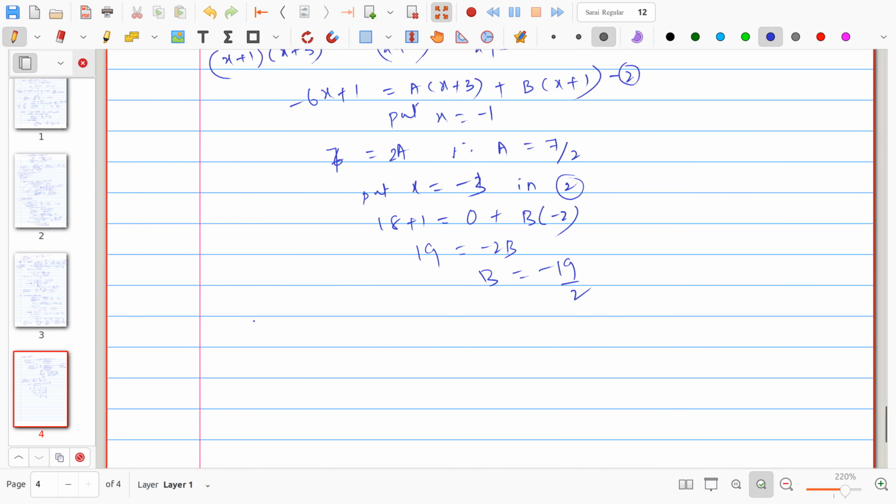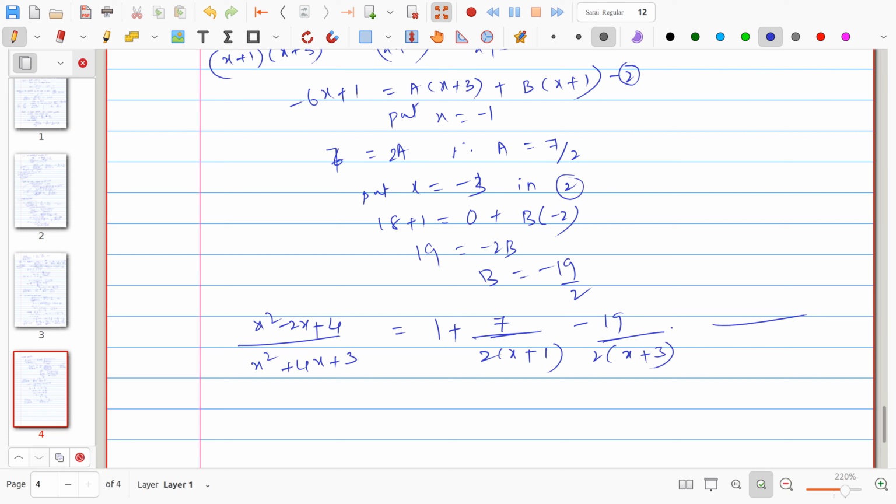We can write the final form of the equation as x square minus 2x plus 4 divided by x square plus 4x plus 3 is 1 plus, where a value is 7 by 2, taking the two denominator terms downside as x plus 1, and minus 19 by 2 x plus 3.